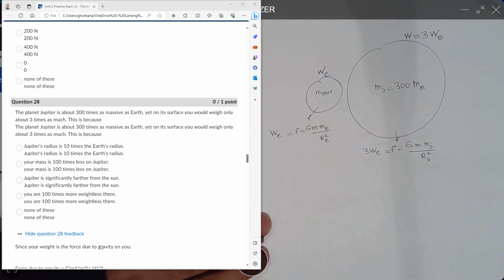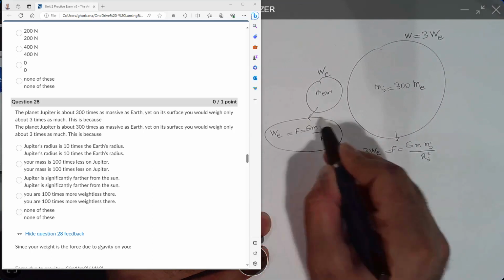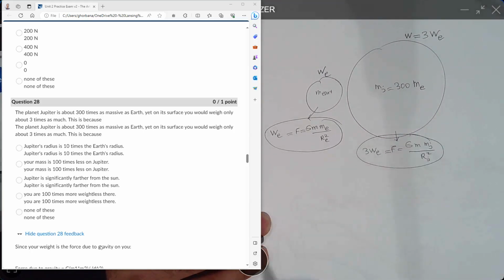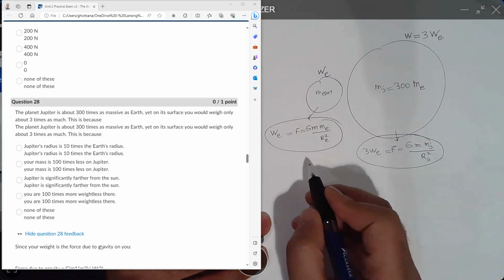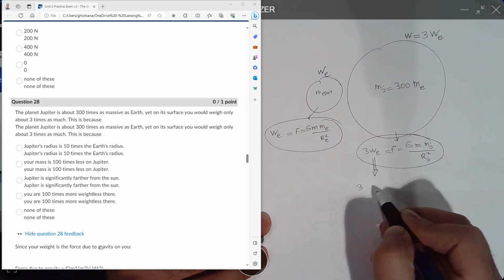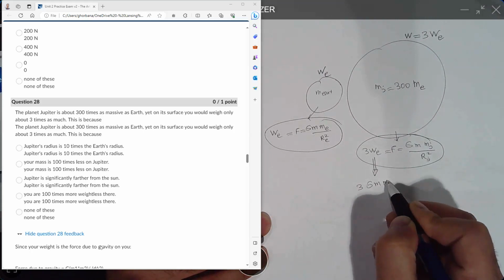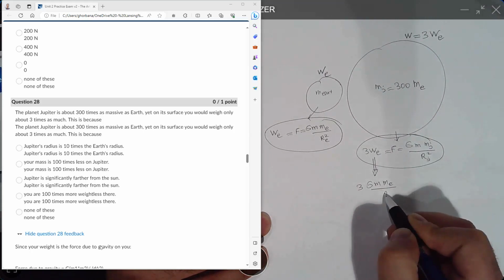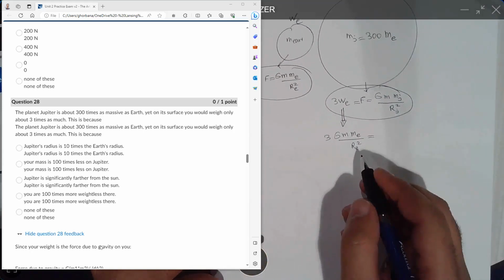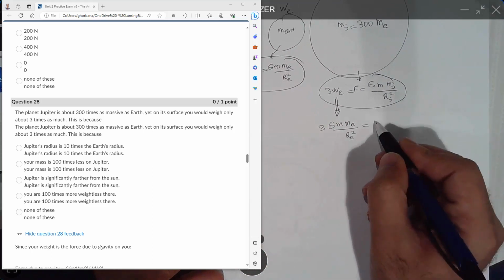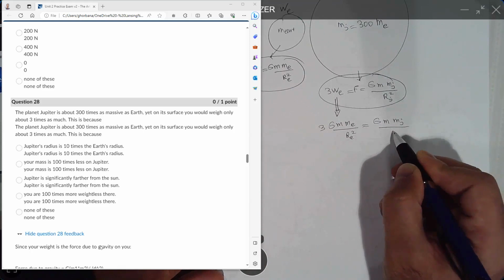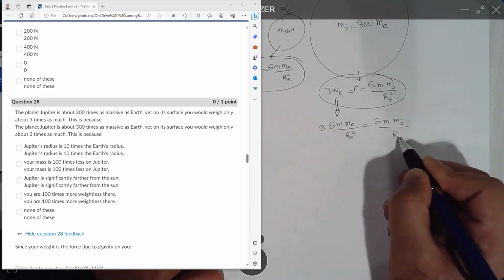So you already have W_E. Go ahead and just plug it equal to this one. So W_E, I just write it down here: 3 G M, mass of Earth, divided by radius of Earth squared, and this is going to be G M, mass of Jupiter, divided by radius of Jupiter squared.